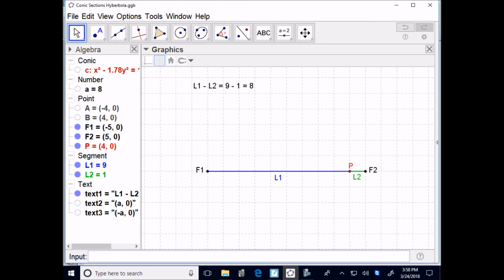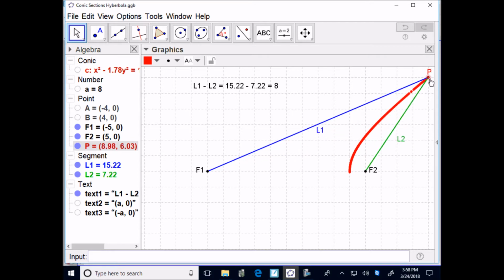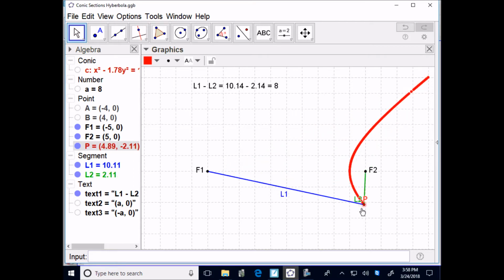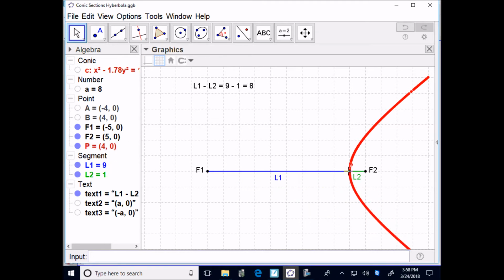As L1 gets longer, L2 has to get longer to compensate, so that our difference remains 8. What we're seeing is the relationship between those distances, giving us points that get further and further, creating one side of the hyperbola.